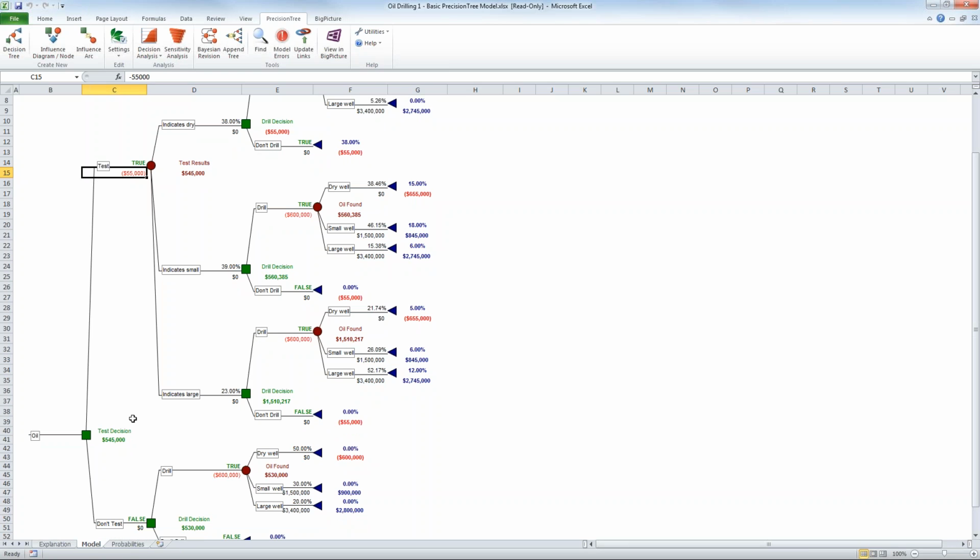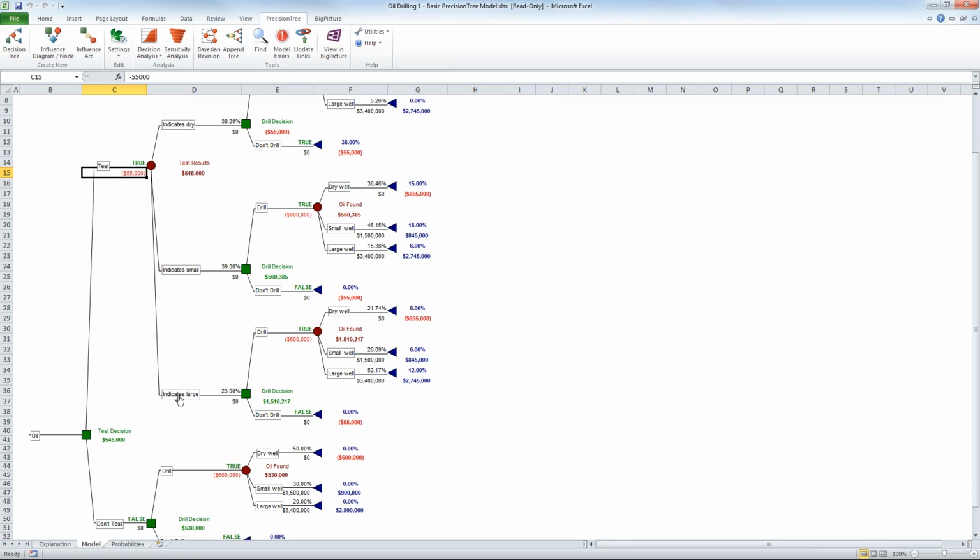If the test is run, 3 results are possible. It could potentially indicate that the well is dry. It could indicate that there's a small amount of oil there, or it could indicate that there's a large amount of oil. Each of these has a probability given the amount of oil in the ground.